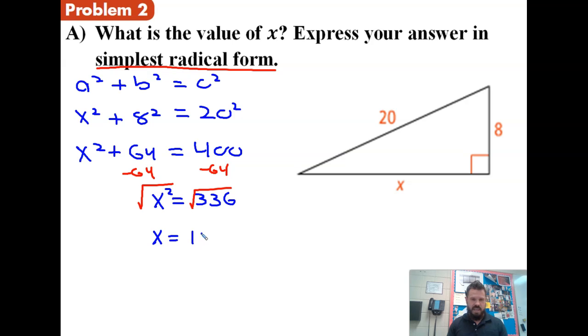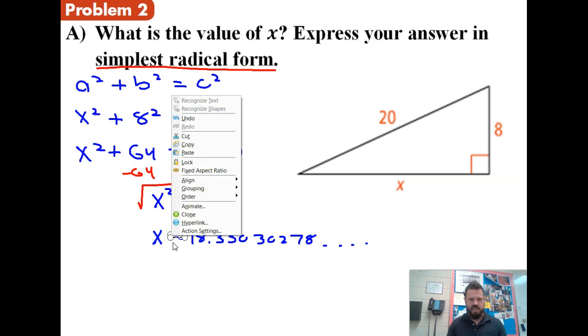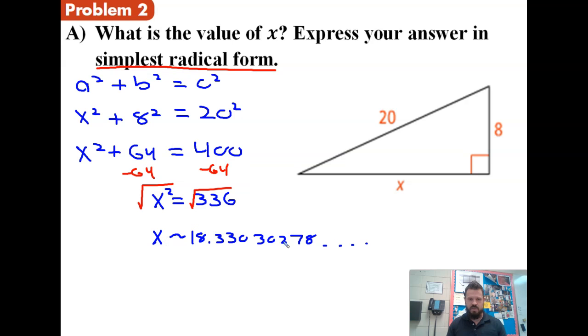I get 18.33030278, kind of a mess that's going to continue on and on repeating. Okay, so technically that's not the actual answer what I just wrote down there. It's an approximation. So what I might want to do is make some squiggly equal signs to show that this is approximately my solution.